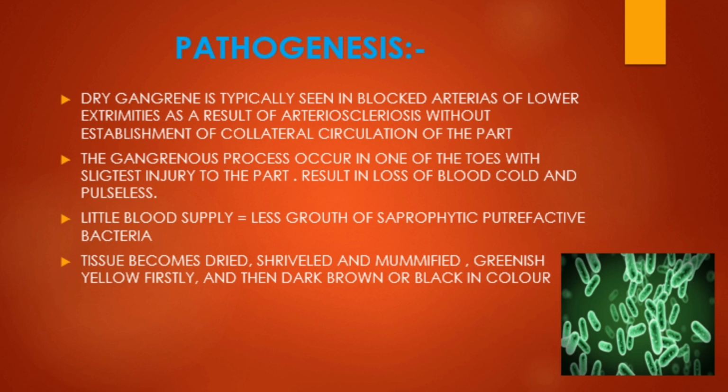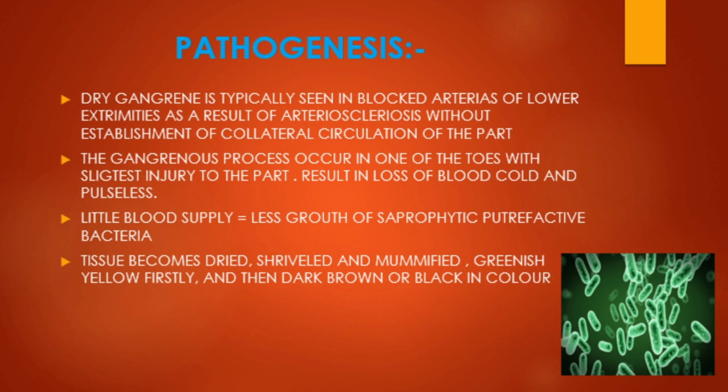Firstly, dry gangrene is seen when the arteries of the lower extremities are blocked as a result of atherosclerosis, which blocks the blood supply to the further part. Then the gangrenous process occurs, and the initiating point is a small injury to any part, which results in loss of blood. Because of loss of blood, there is less growth of saprophytic bacteria, which results in mummification of that part.